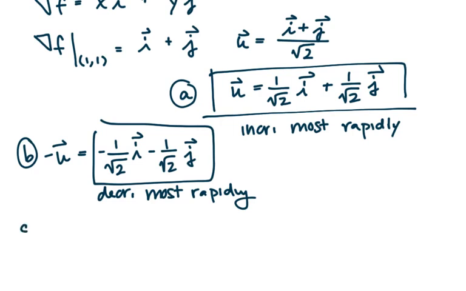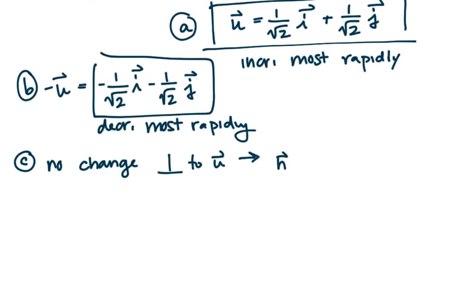These are two vectors pointing in the exact opposite direction. And then C, where there is no change in the directional derivative. That's going to be perpendicular to my u vector, which lets us know we're going to need our normal vector. Remember, we know that u dotted with n is going to equal 0.